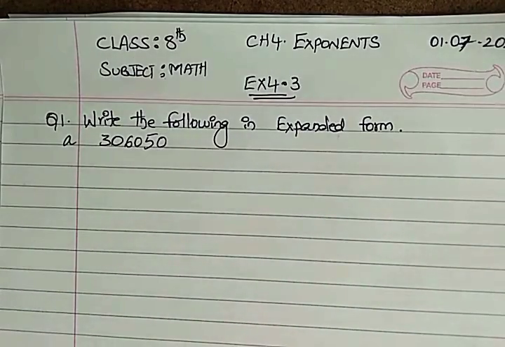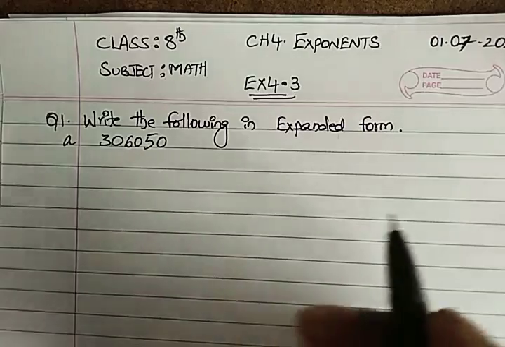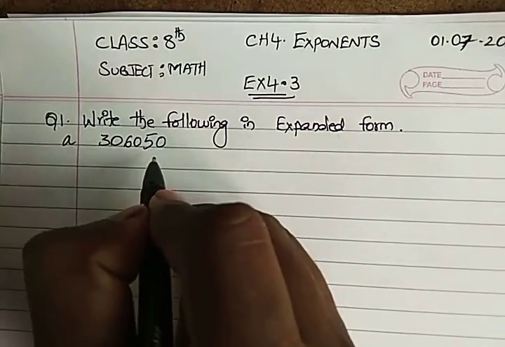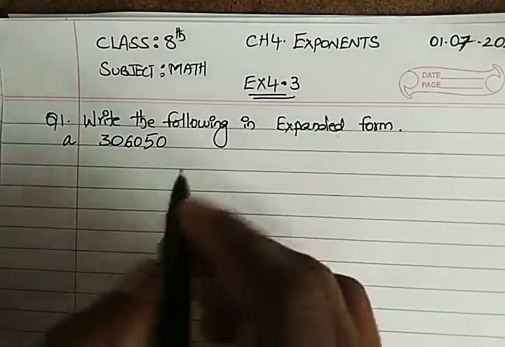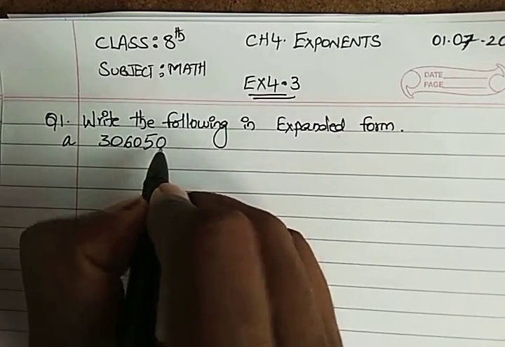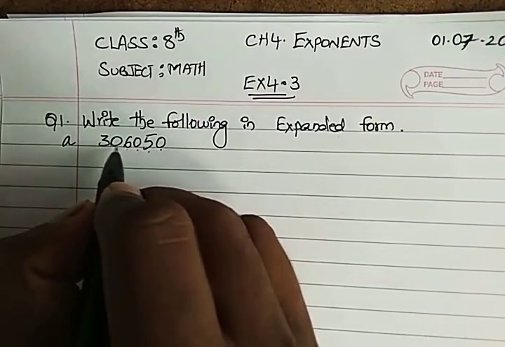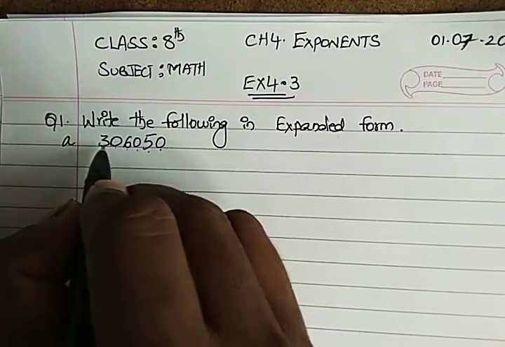When we want to write the numbers in the expanded form, we must know their places, in which place the digit is lying. So here it is ones place, tens place, hundreds, thousand, 10,000, lakh. 3 lakh, 6,000, 50.